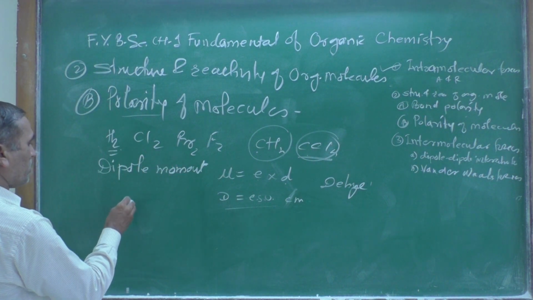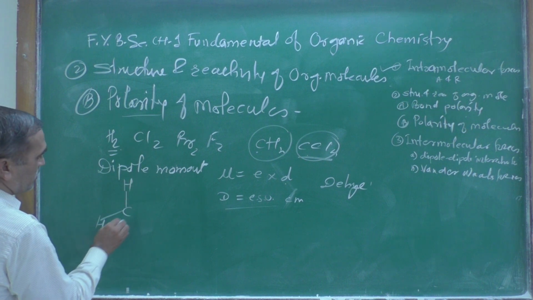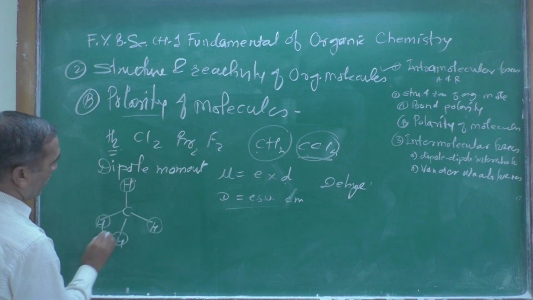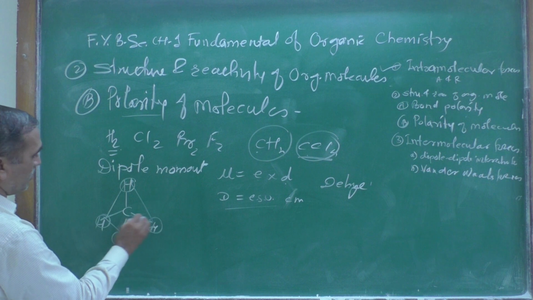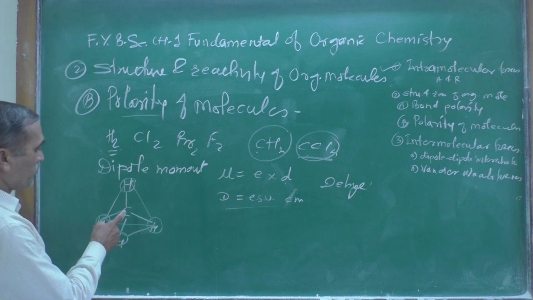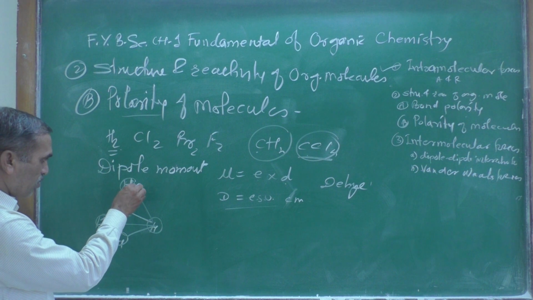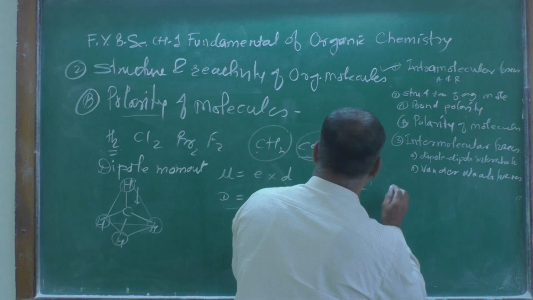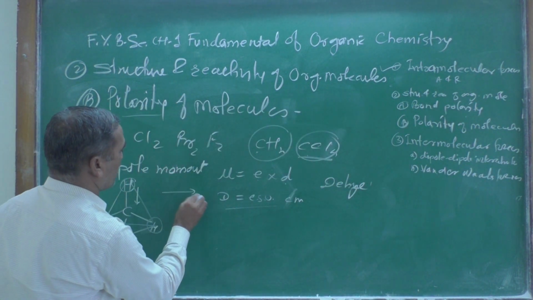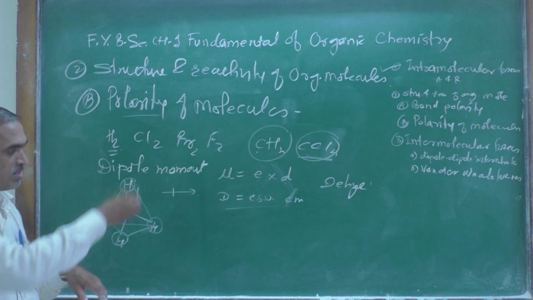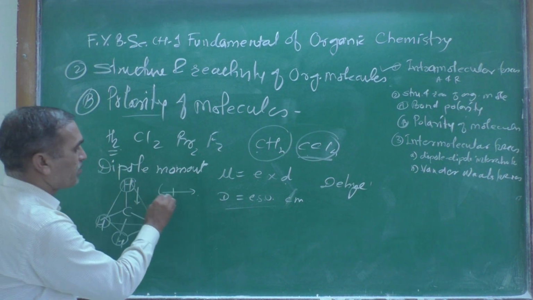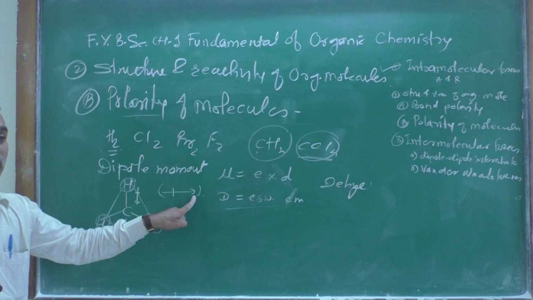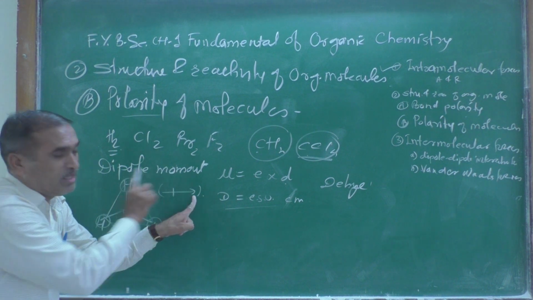Let us see. As we know, the methane molecule is tetrahedral in nature. This is the structure of the methane molecule, and it is tetrahedral in structure. And what is happening there? Remember, dipole moment is represented by an arrow with just one line, and this arrow points from the positive to the negative end.